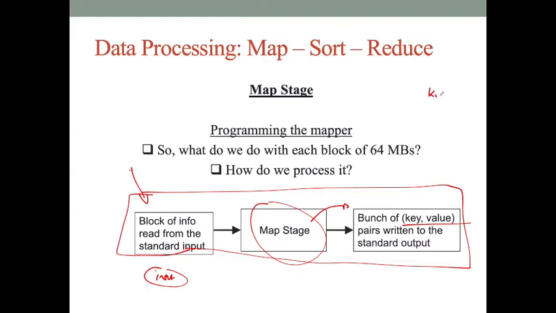So key 1, value 1, key 2, value 2. Depending on what you are doing, you have to codify this in one or another way. And this is going to be the standard output, so print, for example. There are different alternatives, but this is what you have to be doing. And then the system is going to be processing all those blocks properly in parallel and coordinating all the system.